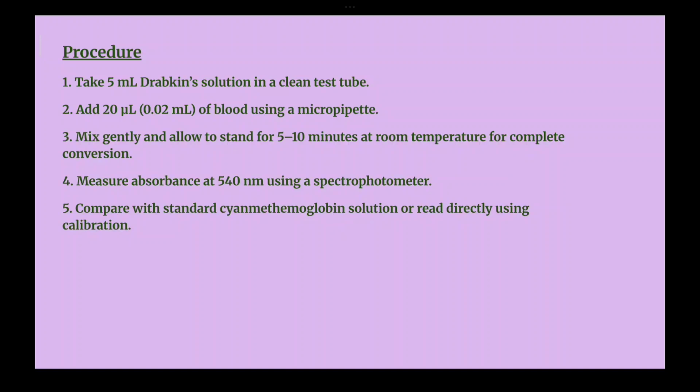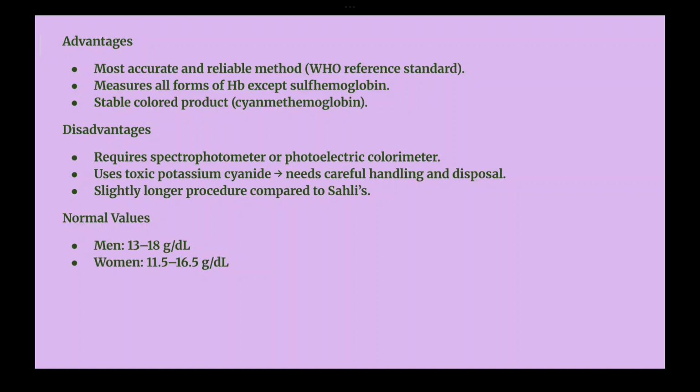Once the conversion is done, you can measure the solution under a spectrophotometer at 540 nanometers, comparing with the standard cyanomethemoglobin solution or reading directly using the calibration. Now, the advantage of this method is that it is the most accurate and reliable method, and it is the World Health Organization reference standard.